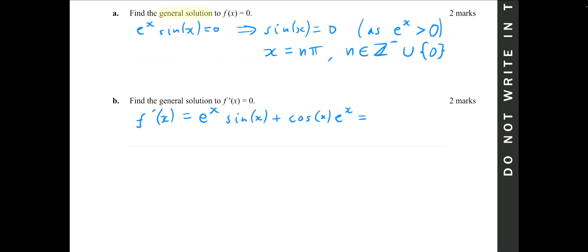So I'm just going to simplify that, and I'll actually also factorize out e to the x. So that's going to equal e to the x, and factorizing out, we get sine of x plus cos of x.